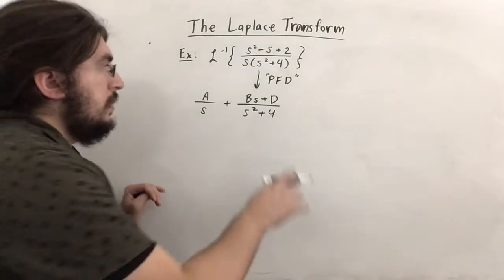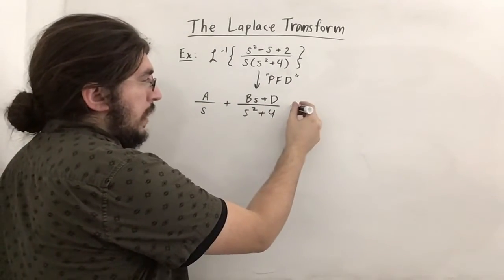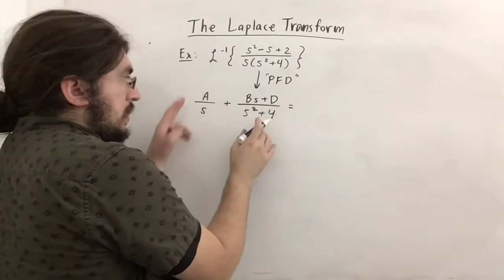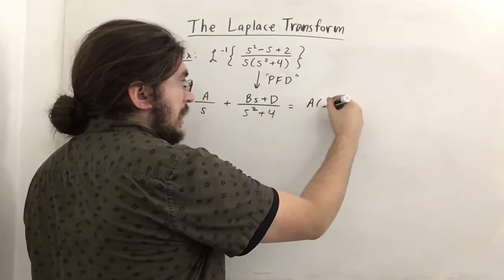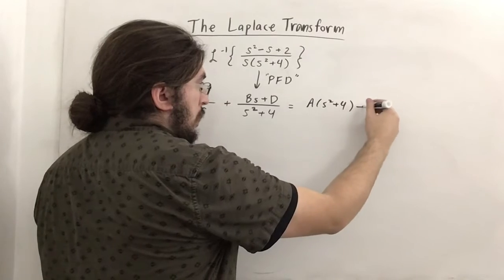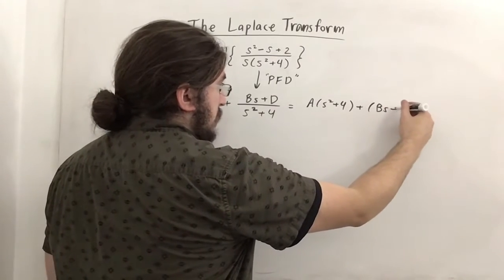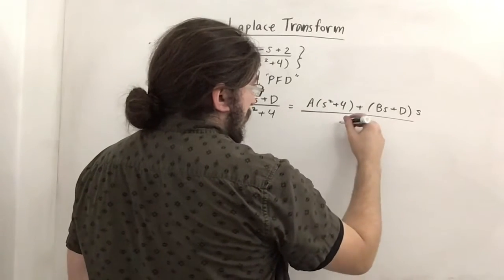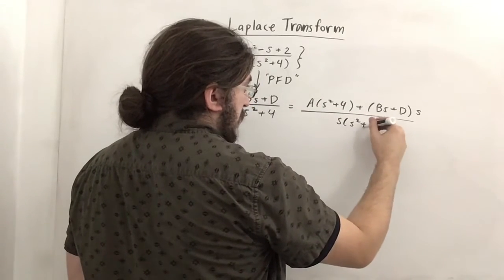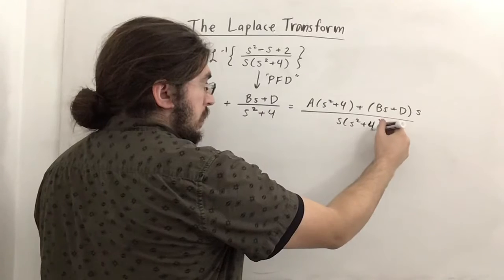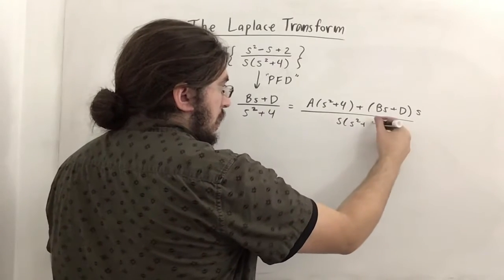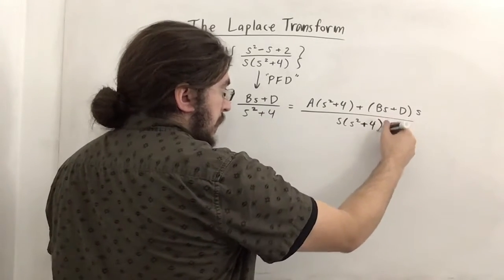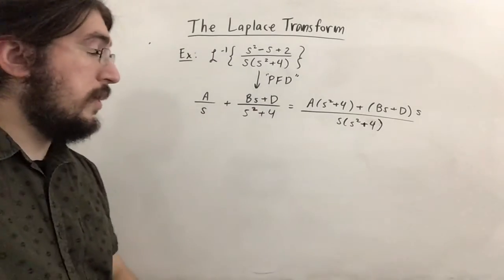Okay. So now how do we combine? We can combine by multiplying this by that denominator to get a times s squared plus 4 plus bs plus d, multiplied by the other denominator s, and then combine into one fraction, where the denominator is the product of these denominators. Good.